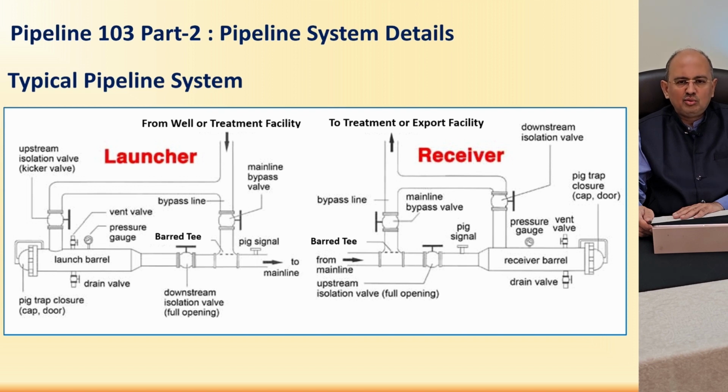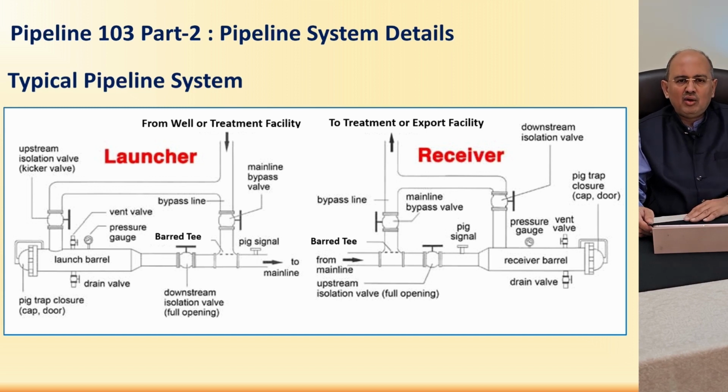The pig has to be inserted in the live pipeline along with the flow, such that it goes along with the flow, scrapes the deposits and pushes the stagnant liquids away.